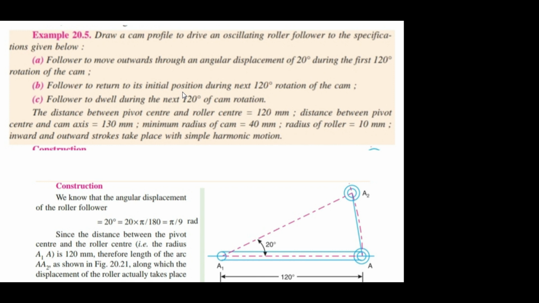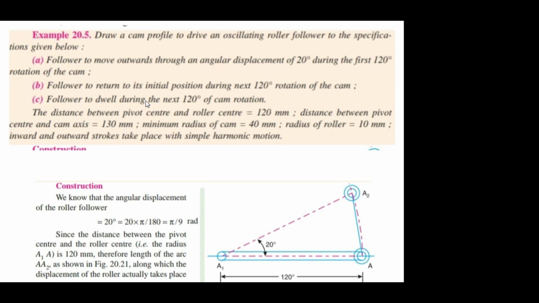Follower to return to its initial position during next 120 degree rotation of the cam. So here, when follower moves from its bottommost position to topmost position during first 120 degree rotation of cam, immediately it will come down during next 120 degree rotation of cam.